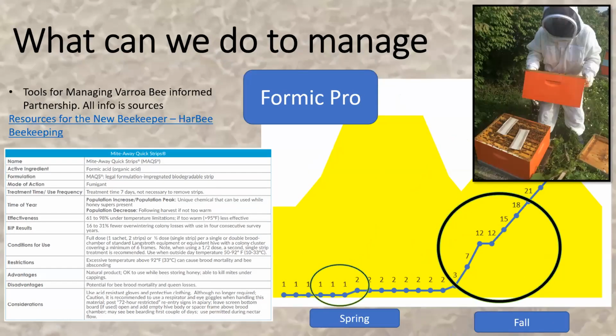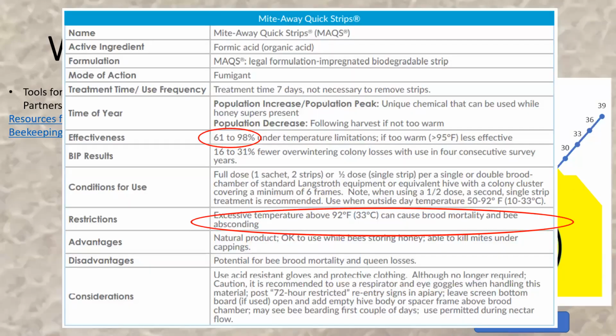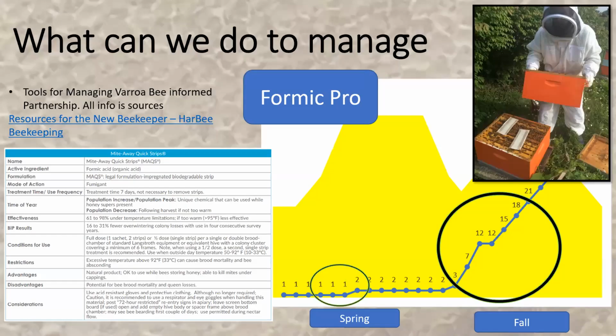So what can a person do? Most of the information that we're going to be discussing here, nearly all of the charts, are pulled directly from the Bee Informed Partnership's resources for mite management PDF. If you go onto my website under education, you'll see resources for the new beekeeper.